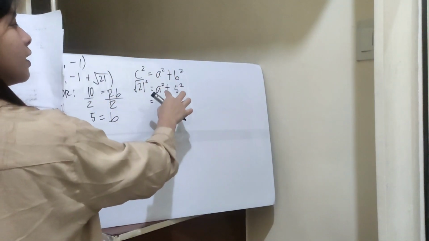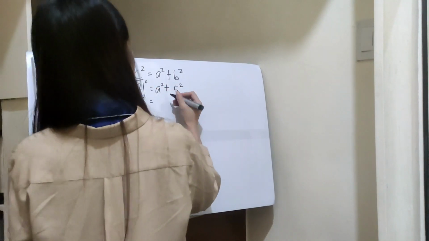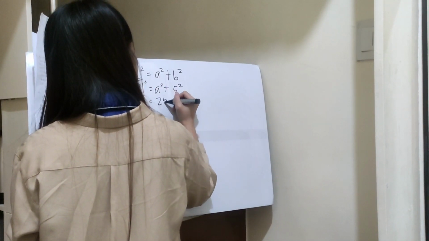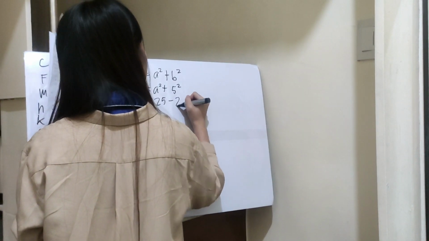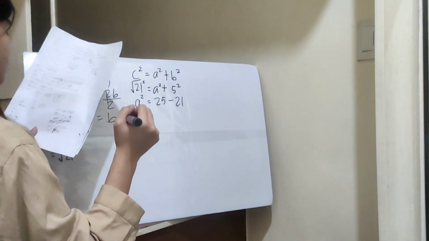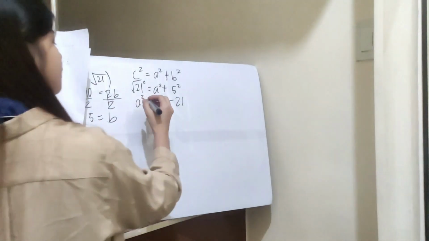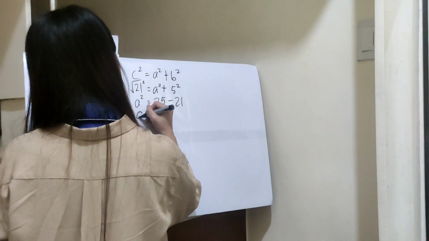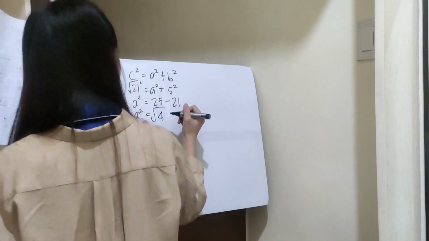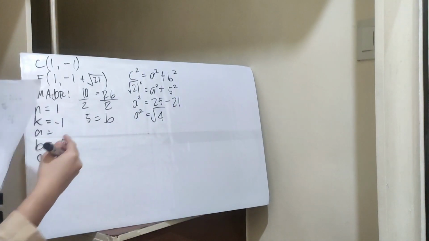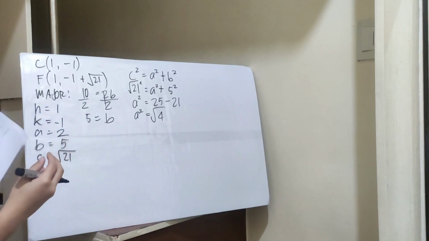Let's move the a squared to find it, and then move the 21. Square the 5 first, and then move the 21, which will be 25 minus 21. From there on, we can already find the value of a, which will be square root of 4. So our value for a will be 2.